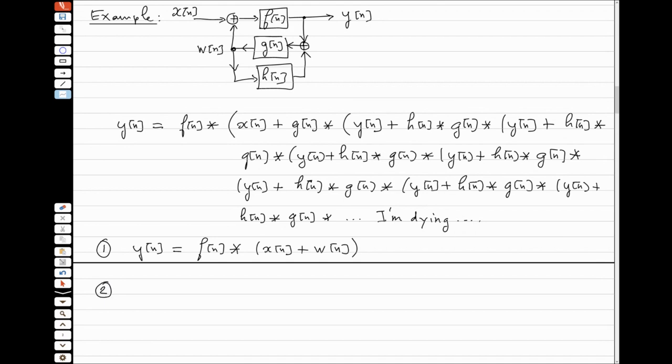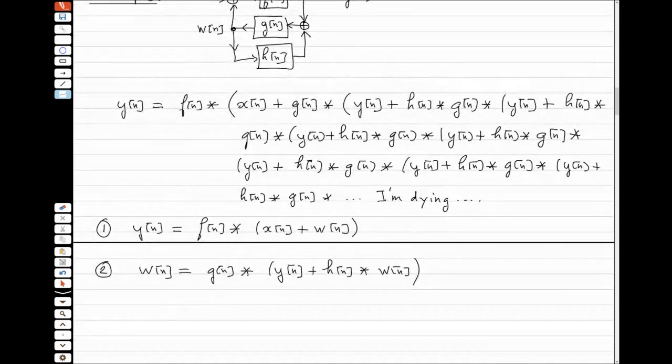But since we want to get rid of w of n, we wish to have an equation involving w of n. Now, w of n is going to be g of n convolved with y of n plus the response of h of n, which is nothing but h of n convolved with w of n. And we stop. It's not endless.